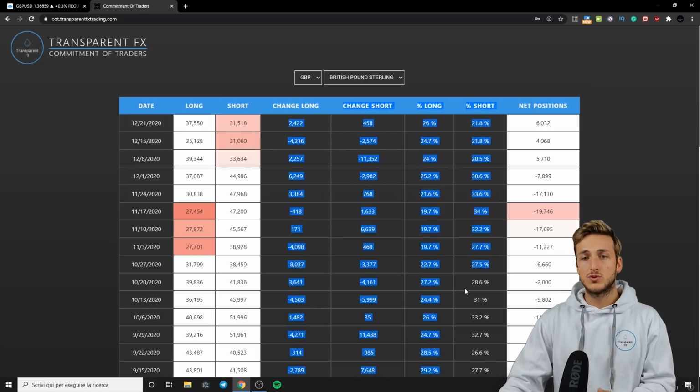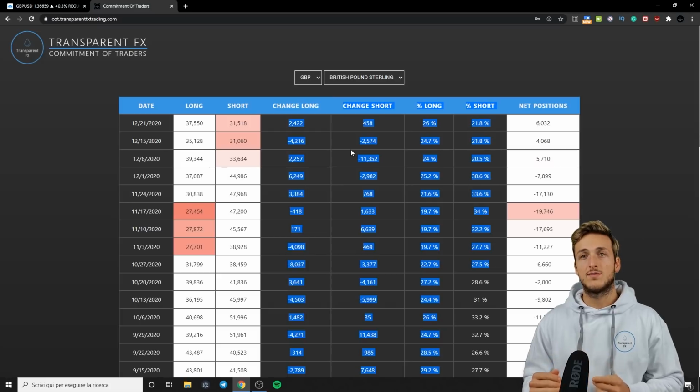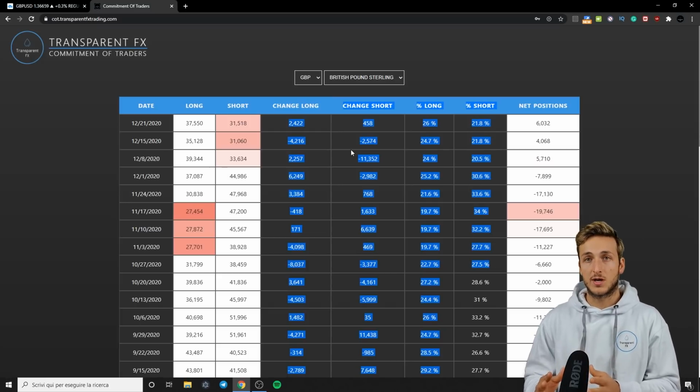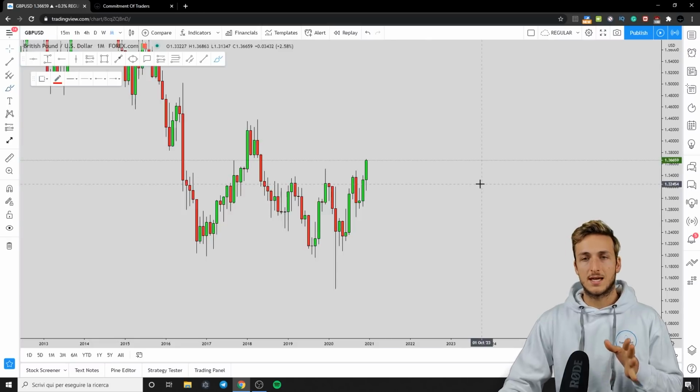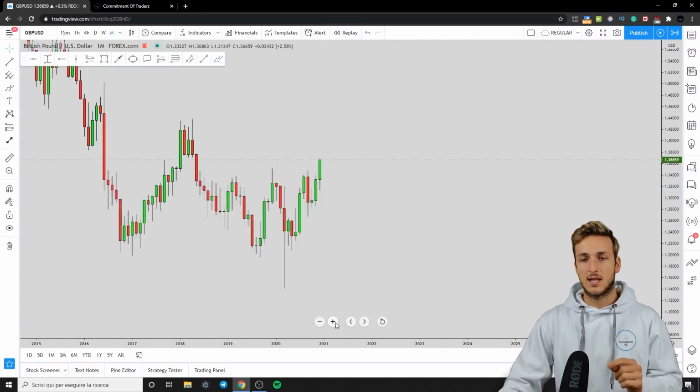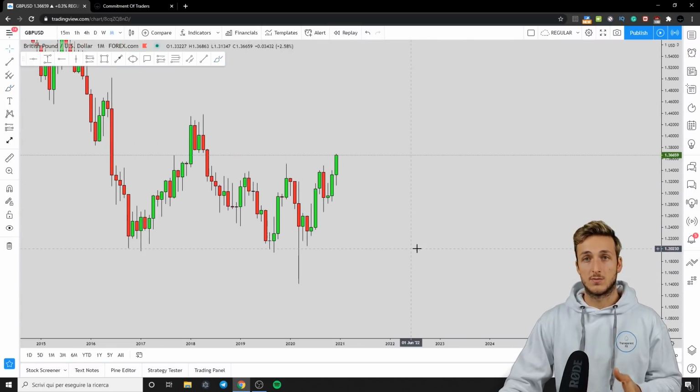And if you're able to see how the biggest banks and institutions are shifting their positioning in time, you do have an advantage over your competition in the market because you can trade alongside the biggest banks and institutions, so the big players in the market. So without further ado, let's get straight into this analysis, and I will keep it as educational as possible.